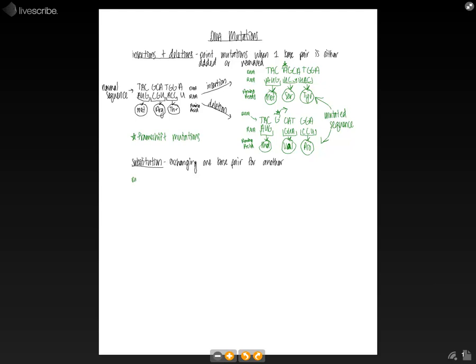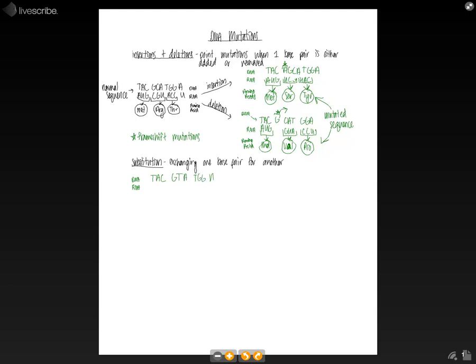So if we look at our sequence again, we have our DNA, and let's go ahead and in our second reading frame, let's change this C to a T.